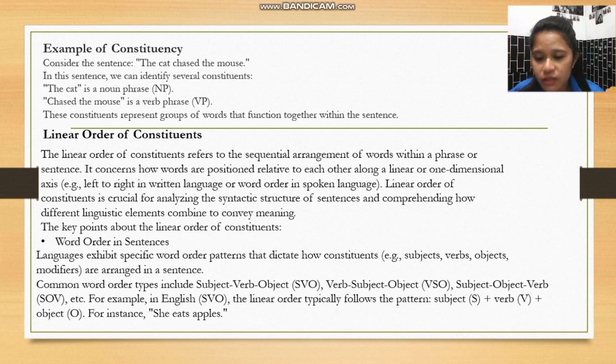Common word order types include subject, verb, object; verb, subject, object; subject, object, verb. For example, in English the linear order can follow the pattern subject plus verb plus object. For instance, she eats apples.